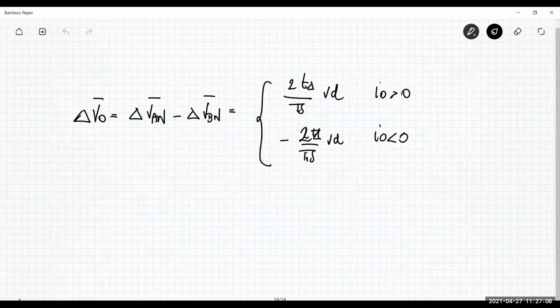But what happens is that you have a number 2 here. Tomorrow we will check what happens exactly in the conditions by which these are true or not.